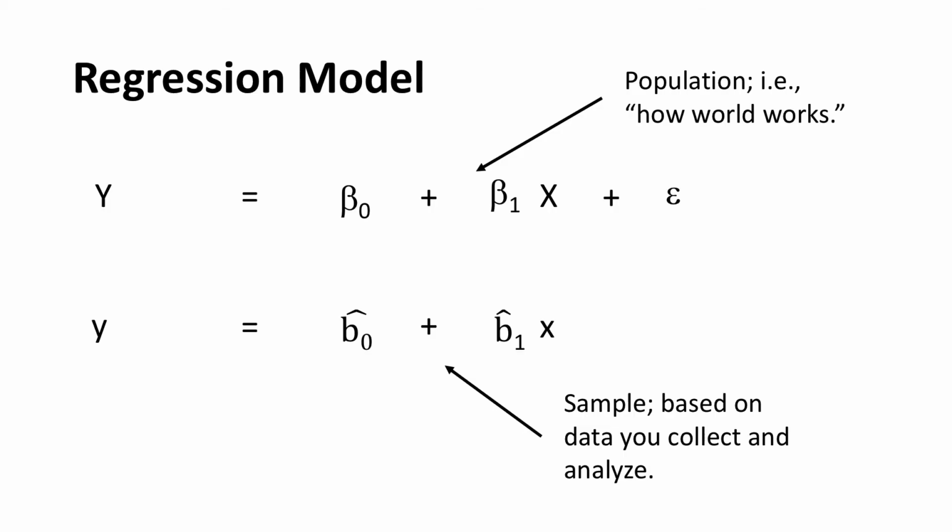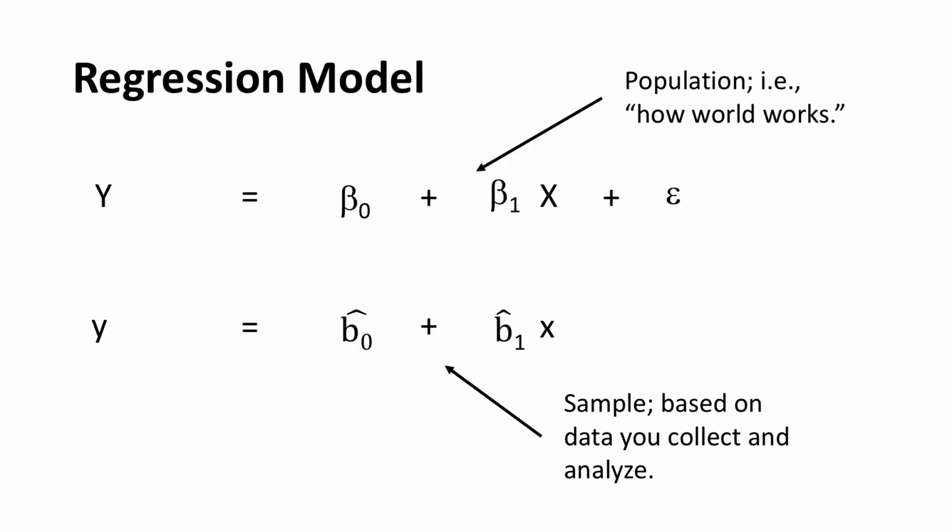When economists use regression analysis, we usually start from a model of how we think the world works. That's what we call a population regression model. For this population regression model, we believe that y, the dependent variable, equals beta subscript 0 plus beta subscript 1 x, where x is an independent variable or an explanatory variable, plus epsilon.